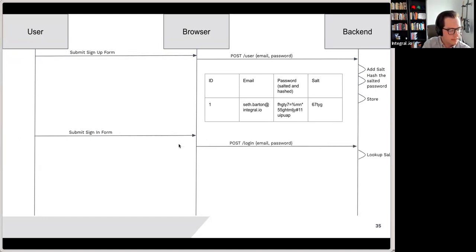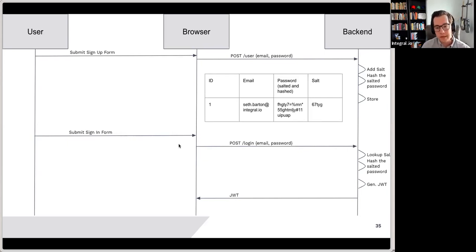Now, when the user signs in, the backend is going to generate a JWT, and it's doing this with a secret that the backend knows, right? That it has, and that secret needs to stay secret. So only the application server knows it. And once it generates that token, the JWT, it's going to send that back to the browser, and the browser will store that JWT in its cookies.